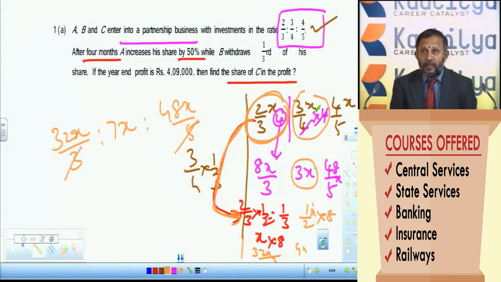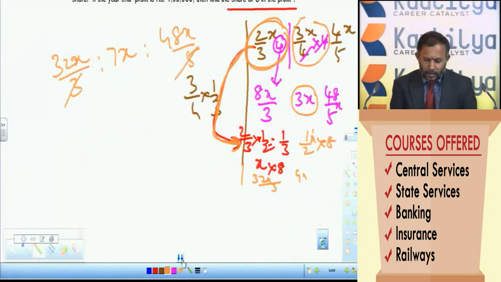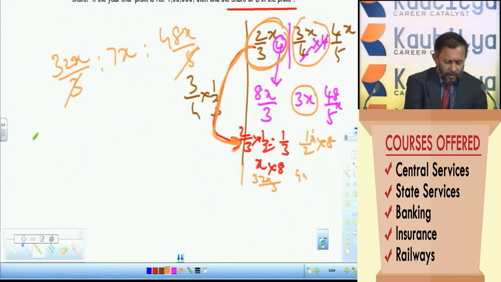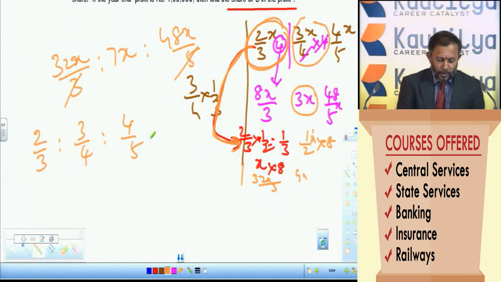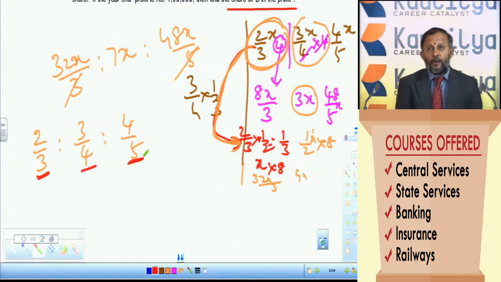So instead of taking this x as the investment, we can adopt another method, so that the investments of A, B, C are in the ratio 2 by 3, 3 by 4 and 4 by 5. We can observe 3, 4, 5 in the denominator. So here we can select 60 as the LCM of these numbers.